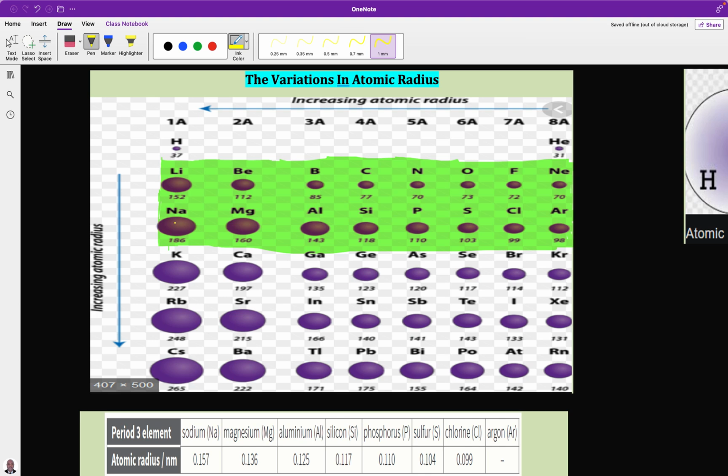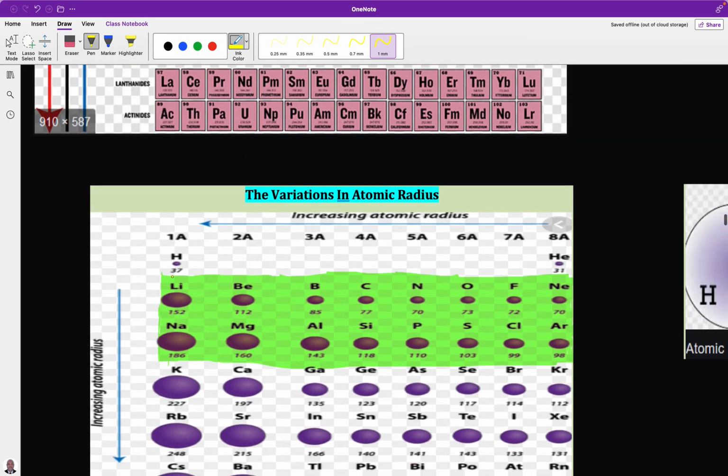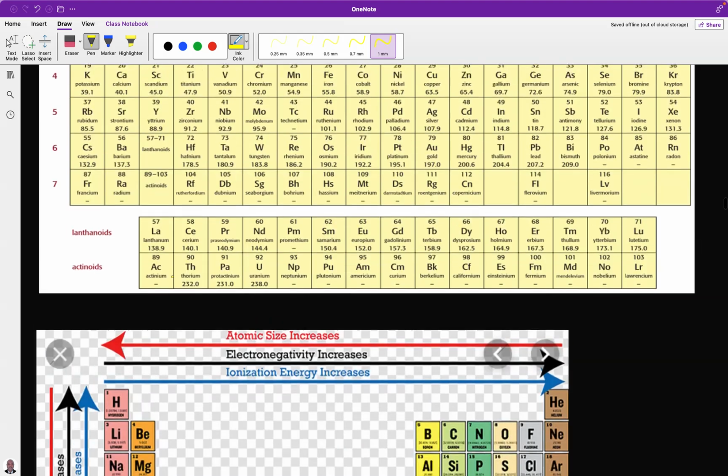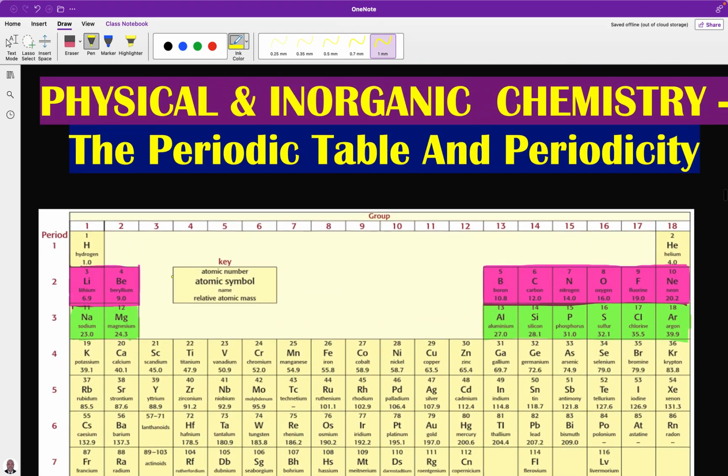Period 2 to period 3, there is increase. Period 3 means it has 3 shells. Period 2 means it has 2 shells. Period 1 has just 1. Period 4 means it has 4 shells. So there is a consistent increase in the number of shells because of the increasing number of protons. And when there's an increase in the number of shells, automatically the radius increases. So learners, you should be able to know this and apply them when asked.